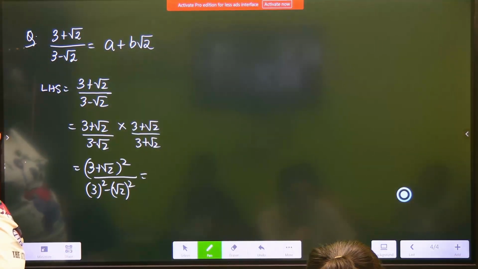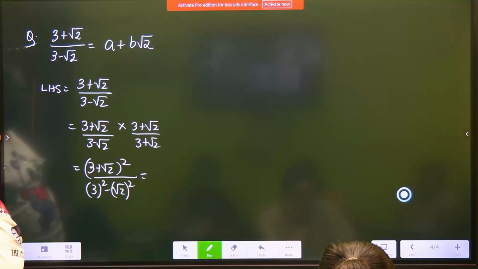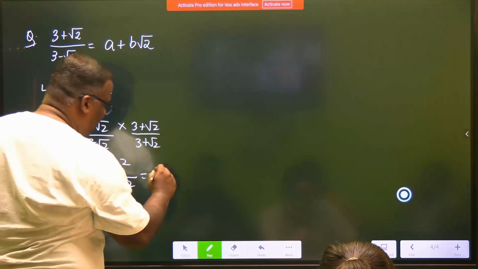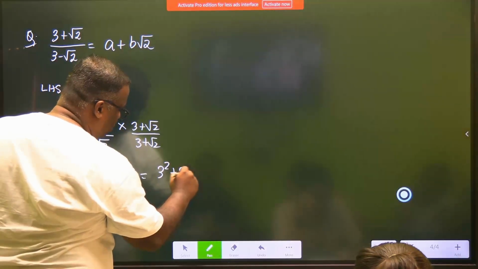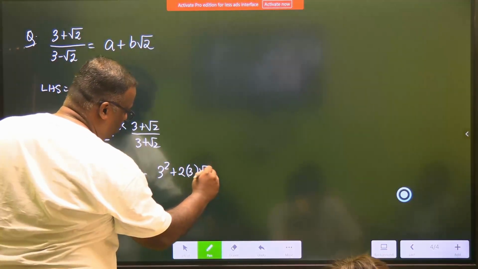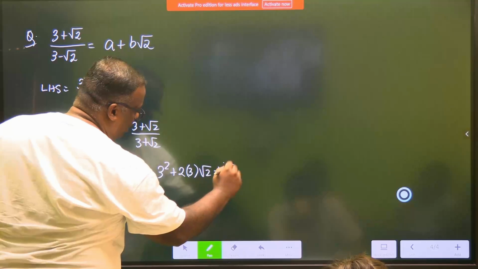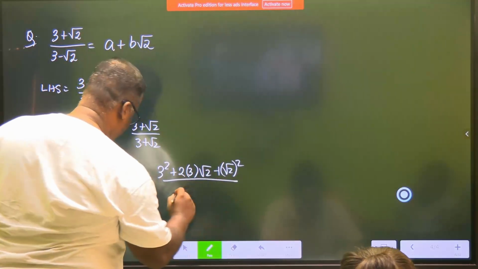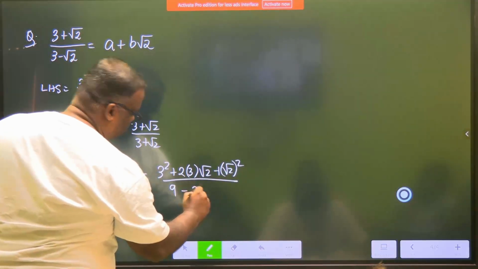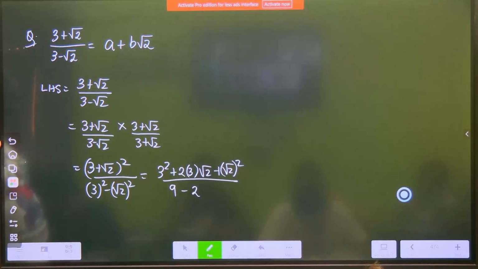Today I'll teach in my mother tongue. Then we get a 3 square minus 2 in the denominator. So let's solve the numerator. 3 square plus 2 into 3 into root 2 plus root 2 square, divided by 9 minus 2. Agreed?